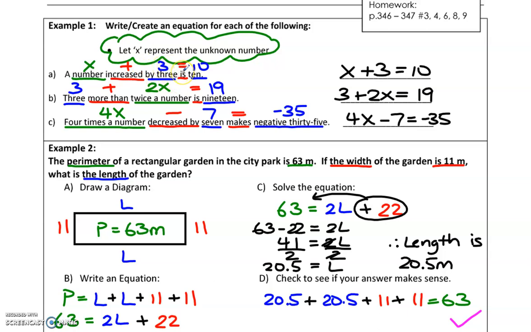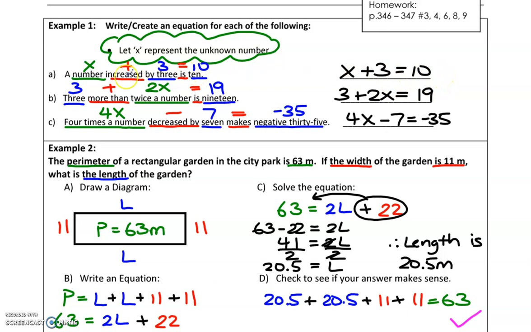That word usually represents an equal sign. And then 10 is just a 10. So when we write a number increased by 3 is 10, we mean a number added by 3 equals 10. Do you see that? So we're just translating the words into some sort of an equation because you guys know how to solve this equation now.